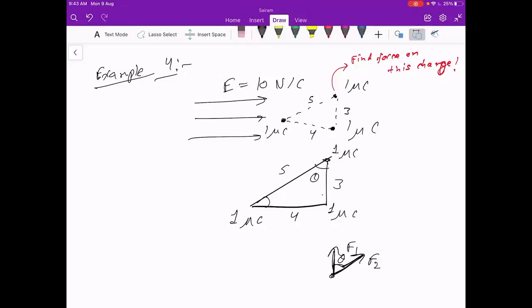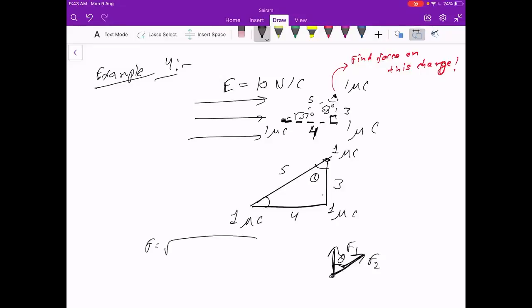I tried to make this perpendicular, but it cannot be perpendicular unless it follows the Pythagoras theorem, which it perfectly does. 9 plus 16 is 25. So you could have got this very easily. This kind of a triangle has 37 degrees here and 53 degrees here. So you could have found cos 53.